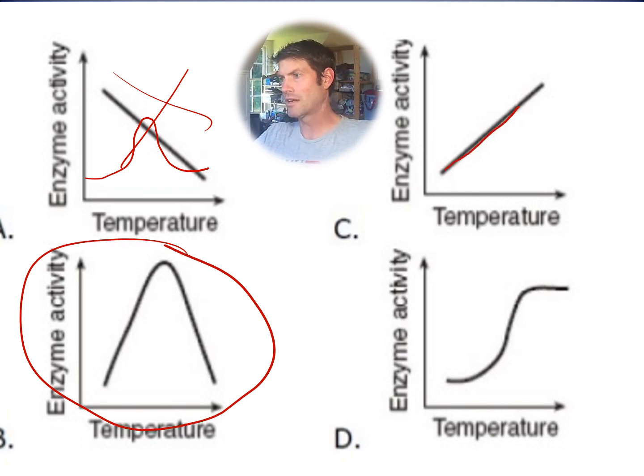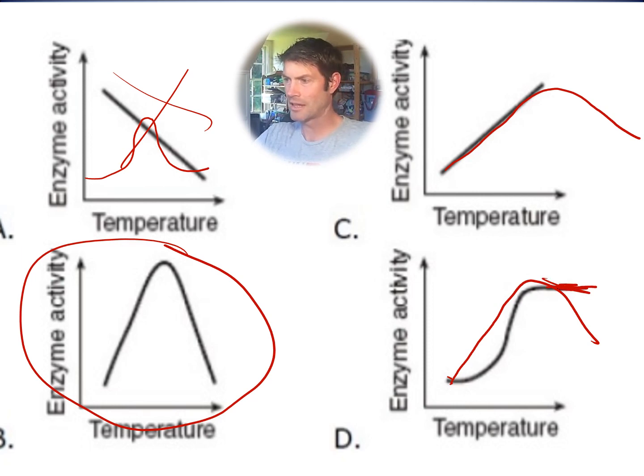This is correct here, but it should start to dip. You have a steady increase, and then you have a drop off. Here it's just showing you get super hot, it levels off. No, it doesn't. It will start to decrease because the enzyme denatures. And on to part 2.